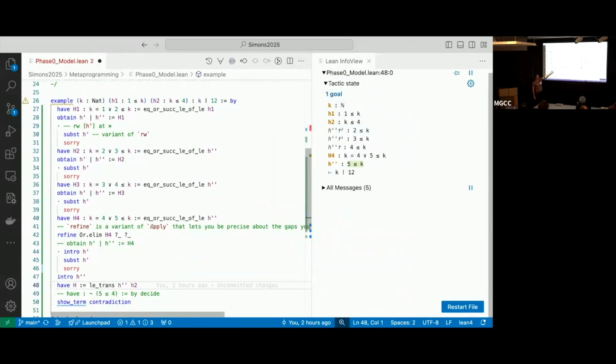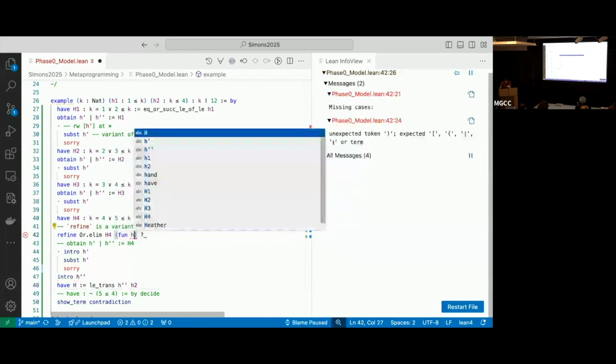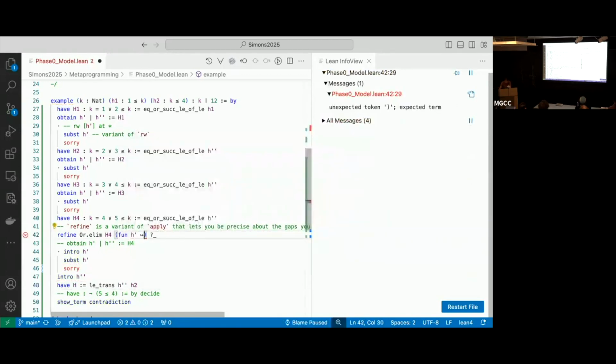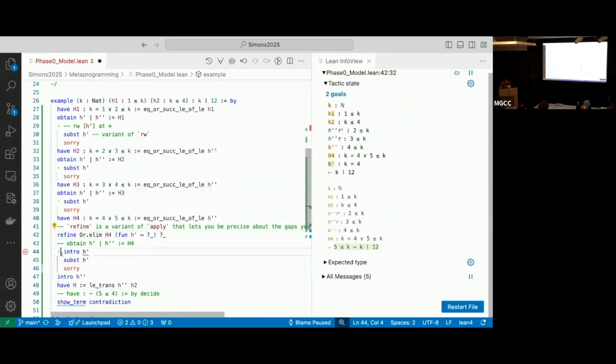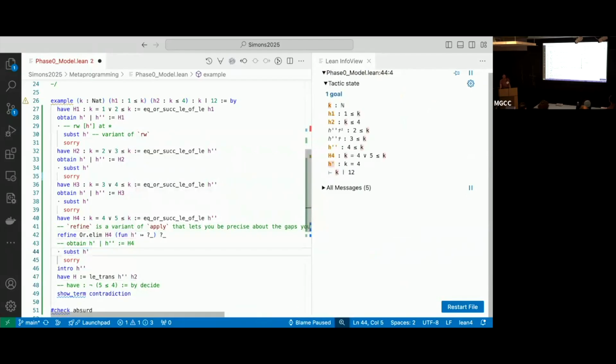If you see an intro H primed, what that's doing on the level of proof terms is setting up a function that takes in H primed, a proof of the antecedent, and gives you out a proof of the goal. So replace it with like a refine, H maps to. Yep. So this wraps the intro into my proof term as well.